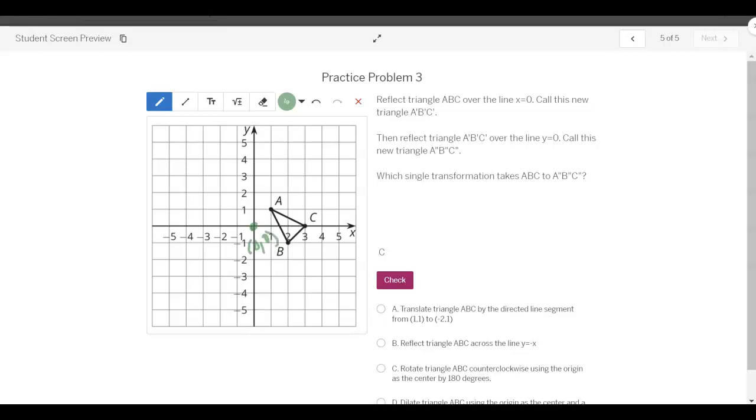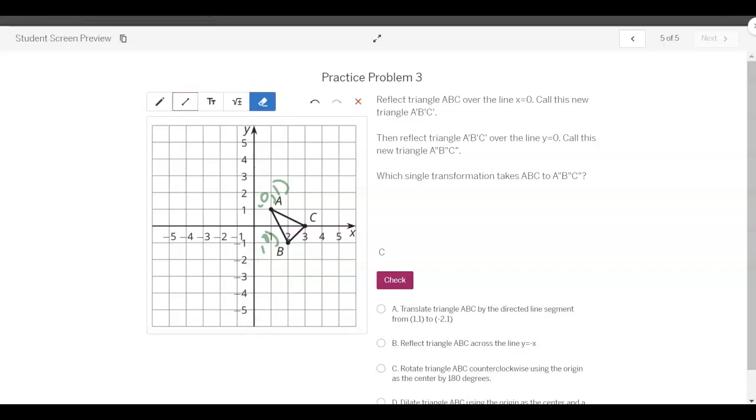If I go up 1 here, now I'm still at 0 on the x-axis, but I'm at 1 on the y-axis. So if I want x to keep equaling 0, I have to go up and down here on the y-axis. So then you might get tricked by this because the line x equals 0 is the same as the y-axis.